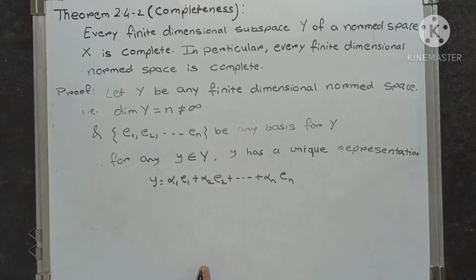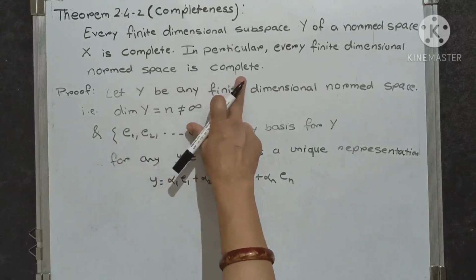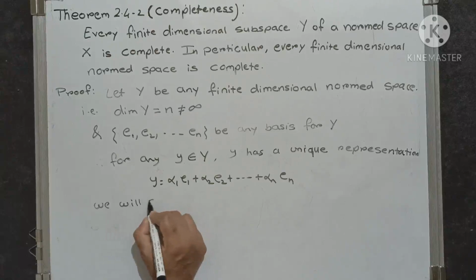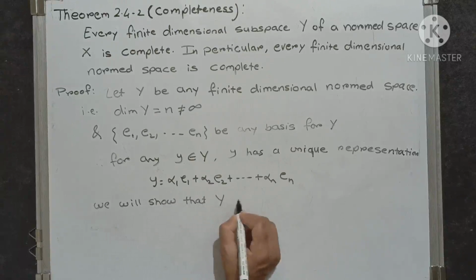Now we have to show that this finite dimensional normed space capital Y is complete.